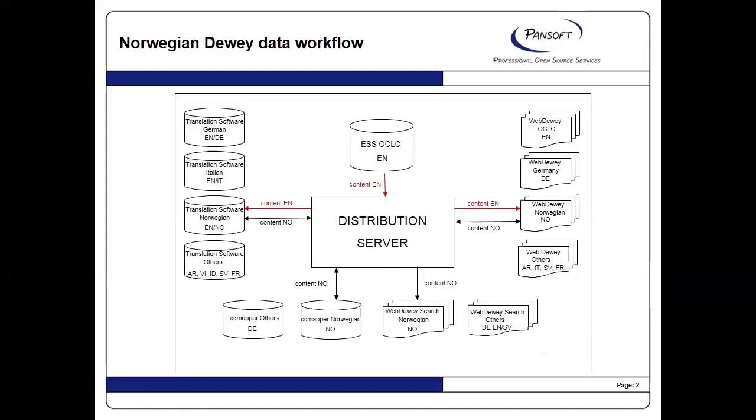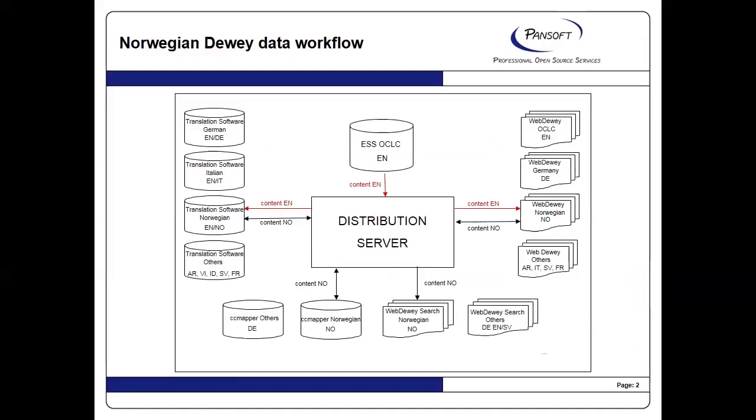But there is also an arrow pointing back from the Norwegian WebDewey to the distribution server. Inside WebDewey, users are now able to create their own GUI numbers and send them back first to the distribution server. From there, those user-generated numbers go back to the translation software on the left side.